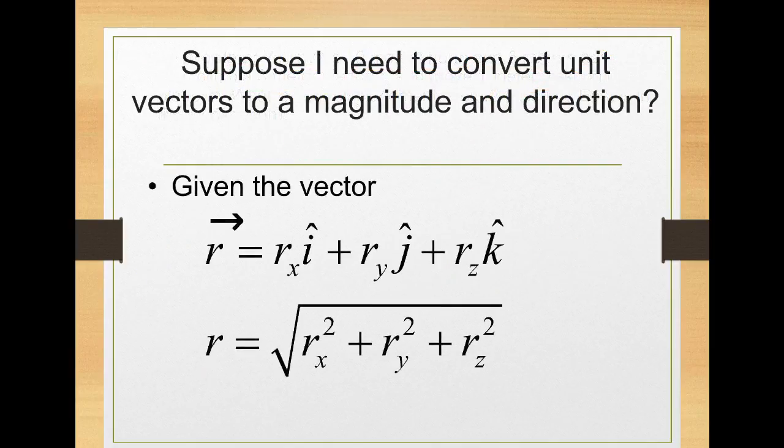And this is just a more formal way of saying this, that if we want to talk about a vector in terms of magnitude and direction, our vector r is rx i hat plus ry j hat plus rz k hat. And the length or the magnitude of r is given by the square root of the sum of the components squared. And so this is an extension of the Pythagorean theorem to 3 or more dimensions.